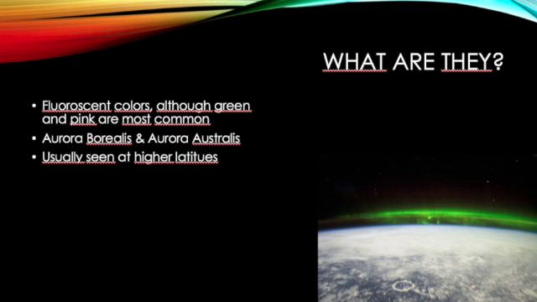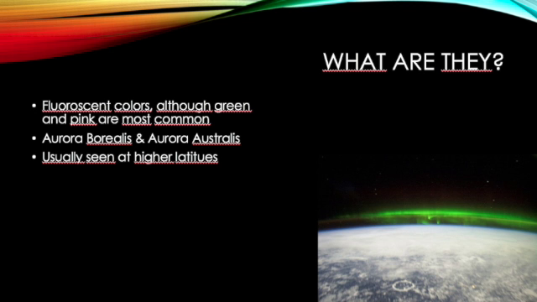What exactly are they? The Northern Lights, also known as Aurora Borealis in the north and Aurora Australis in the south, are lights caused by the collision between high energy charged particles coming from the Sun and molecules in the Earth's atmosphere.